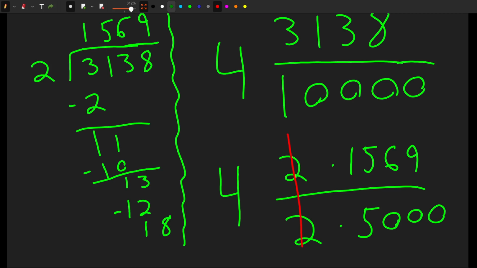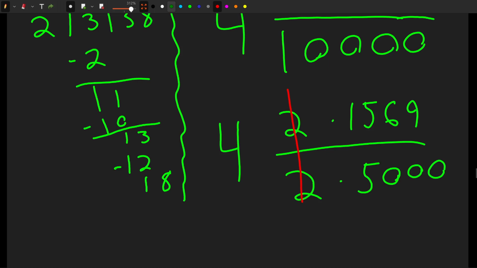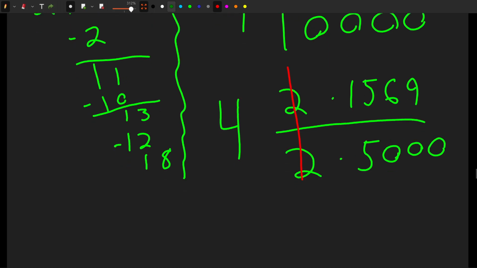1,569, on the other hand, that's not even, so it's not divisible by 2. For 3, if I add up all the digits, I get 6, 12, carry the 9, I'm going to get 21. It is divisible by 3, but 5,000 is not divisible by 3. It's not divisible by 4, it's not divisible by 5 or 10.